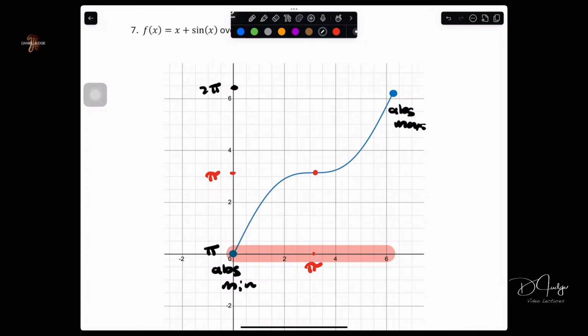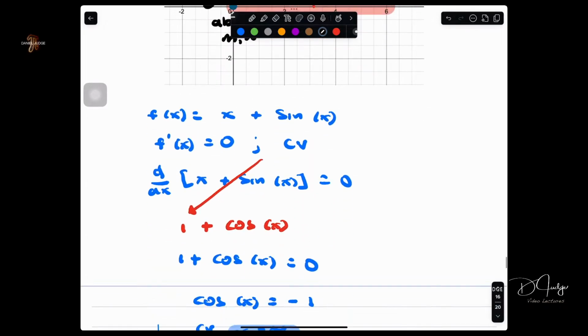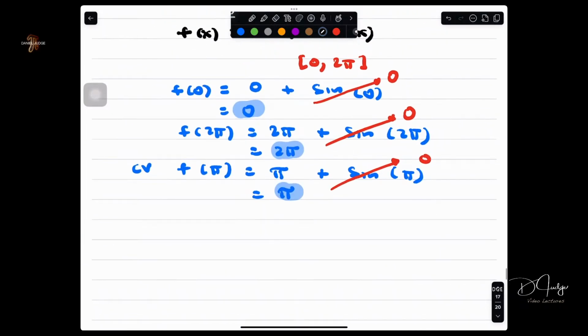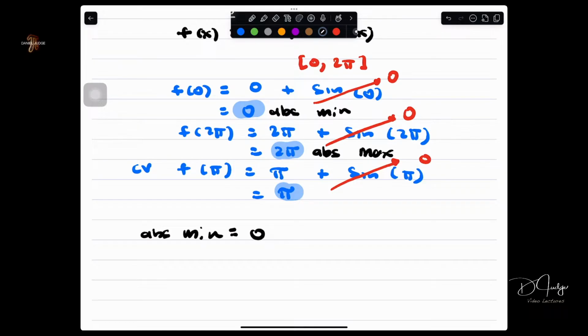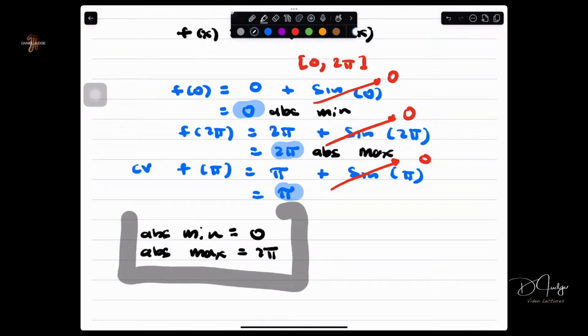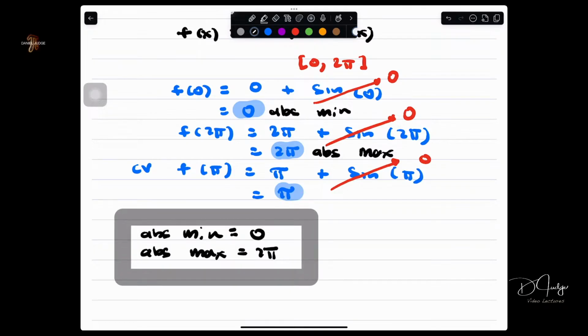So we can see on the curve where the max and min is. So the absolute min is 0, while the absolute max is 2 pi. So here's our conclusion using the closed interval method.